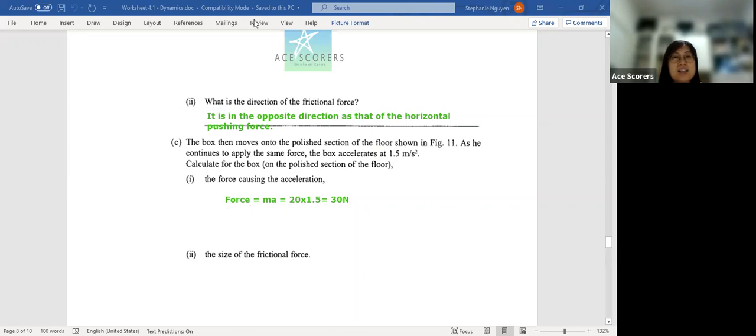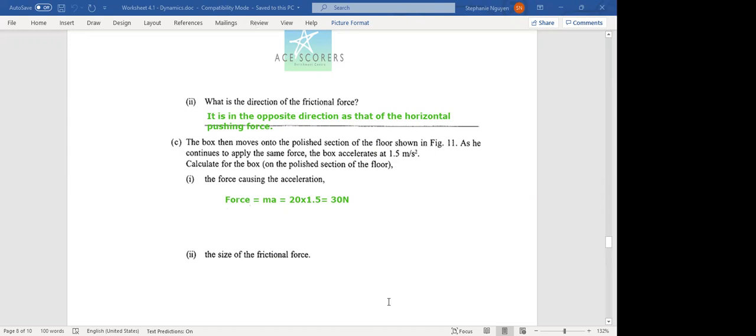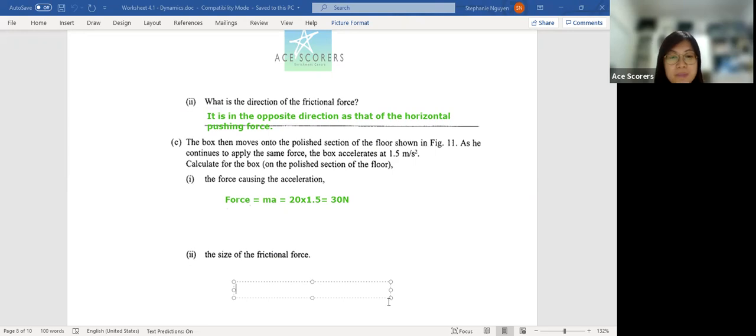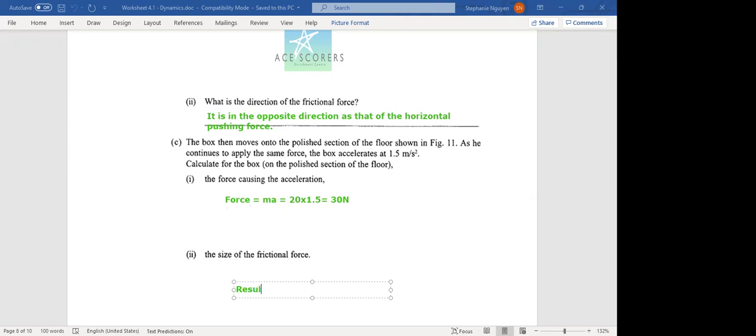So how do we find this frictional force? Keep in mind that the resultant force is the F equals to MA.